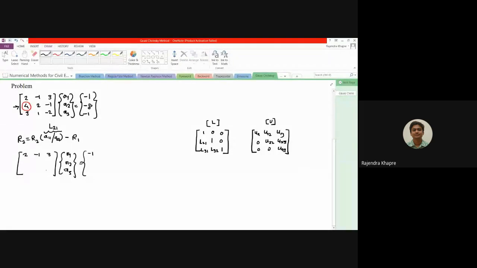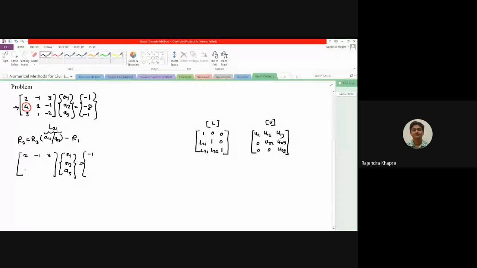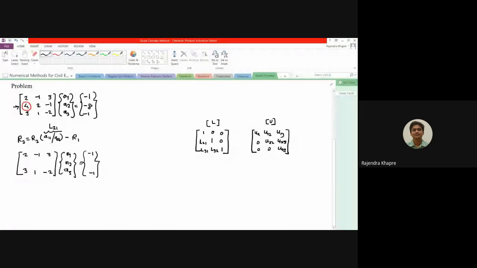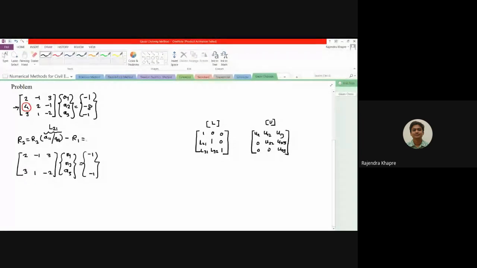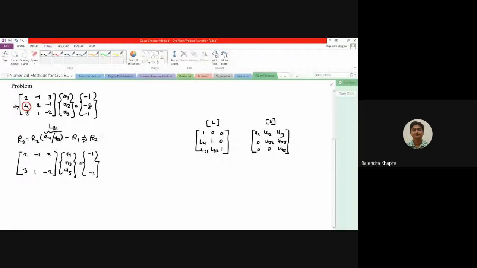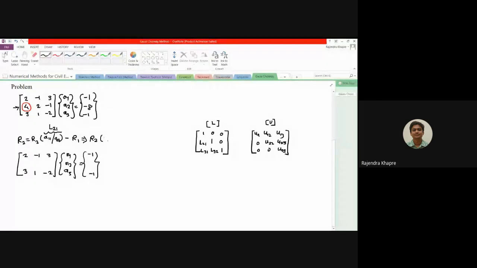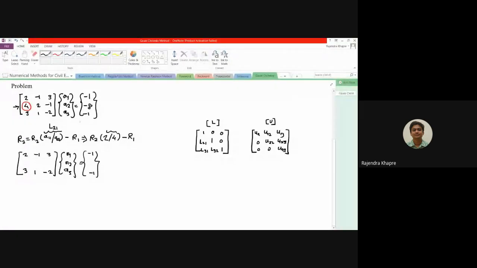We are not changing row number 3 as of now, so I'm keeping row number 3 as it is: 3, 1, minus 2, and again minus 1. If you rewrite this expression, it is nothing but R2 minus R1 into A21 divided by A11, which is 4 divided by 2, so L21 is nothing but 0.5.